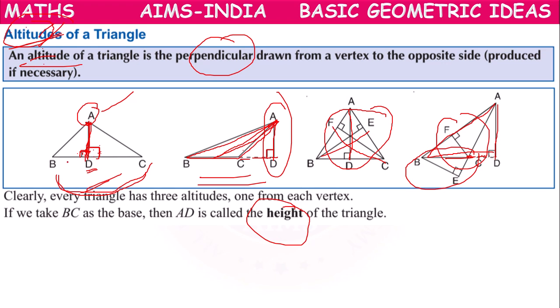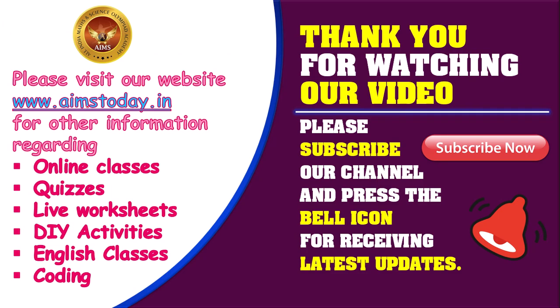So, if BC is the base, then AD will be the height. Or if AC is the base, then BE will be the height. Or if AB is the base, then CF will be the height. Based upon the base, the height will change. So three altitudes for a triangle also we can draw.